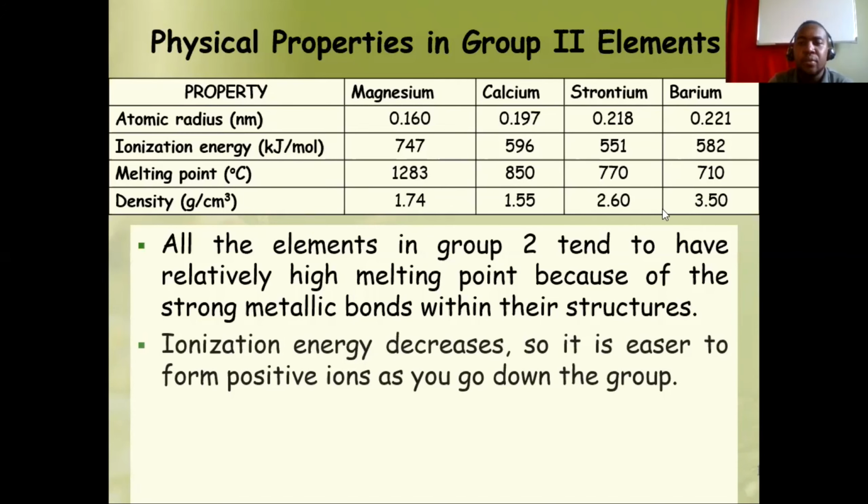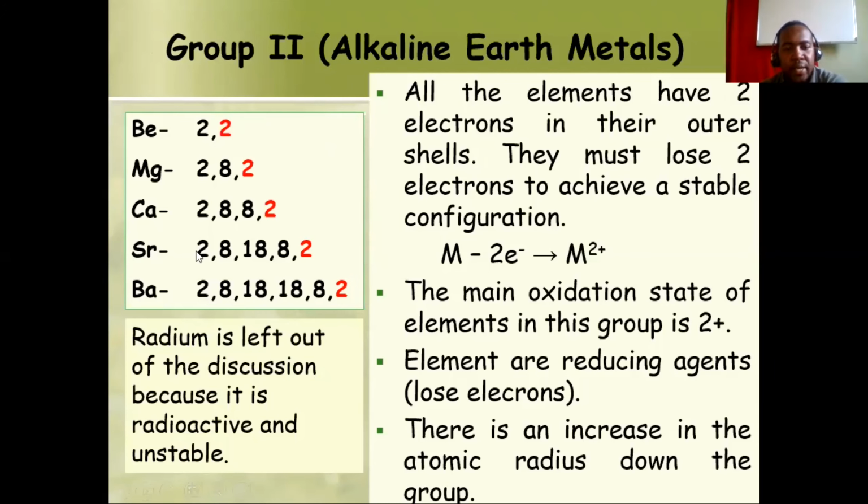But we see there that strontium actually behaves differently in terms of strontium and barium, and we're going to look at why based on their electronic configuration. If we look at strontium's electronic configuration, this is where it starts to include the 18 because of its atomic number. So barium has 2 18, strontium has 1.